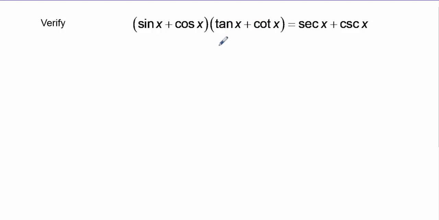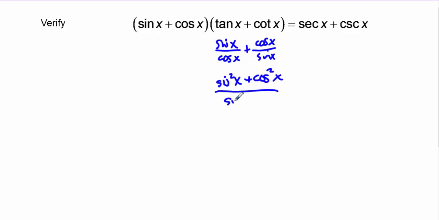Tan is sine over cosine, and cotangent is cosine over sine. Get an LCD. That's going to go to sine squared x plus cosine squared x over sine x cosine x, kind of like that.